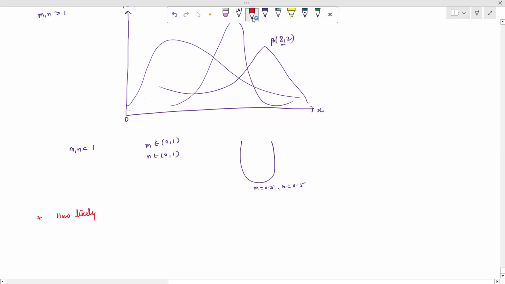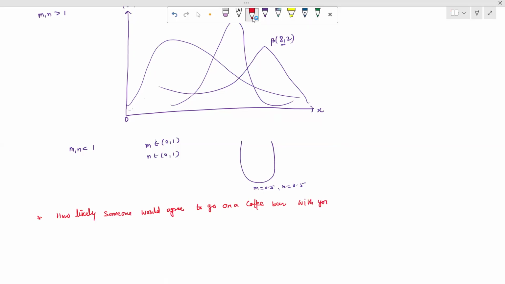How likely is someone to agree to go to a coffee bar with you, which follows the beta distribution with value of m equal to 2 and n equal to 8.